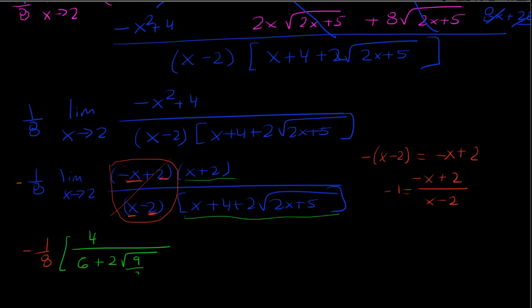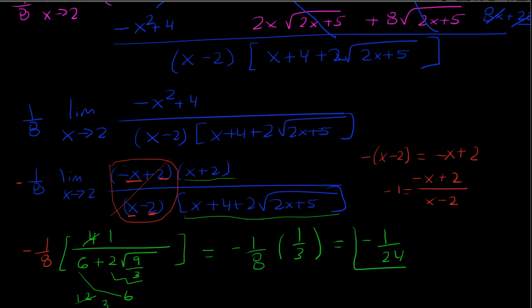So that's 3. 2 times 3 is 6. 6 plus 6 is 12. And then 4 over 12 is 1 over 3. So this is the same thing as -1/8 times 1/3, which is -1 over 24. And that's my final limit.